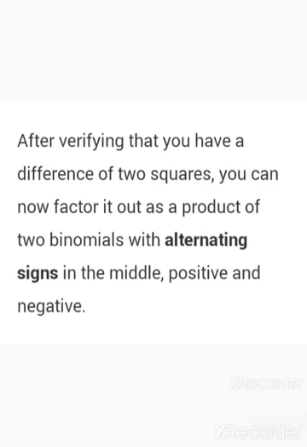After verifying that you have a difference of two squares, you can now factor it out as a product of two binomials with alternating sign in the middle, positive and negative.